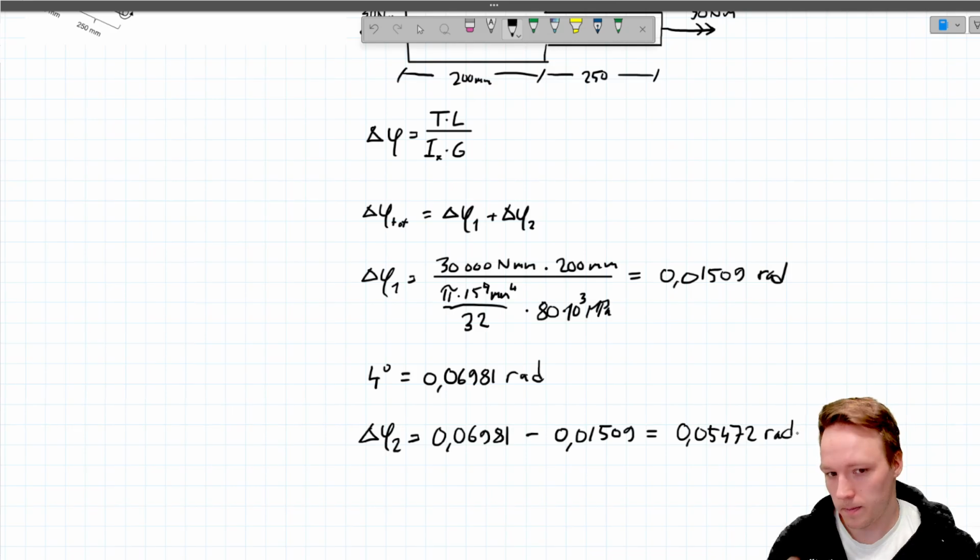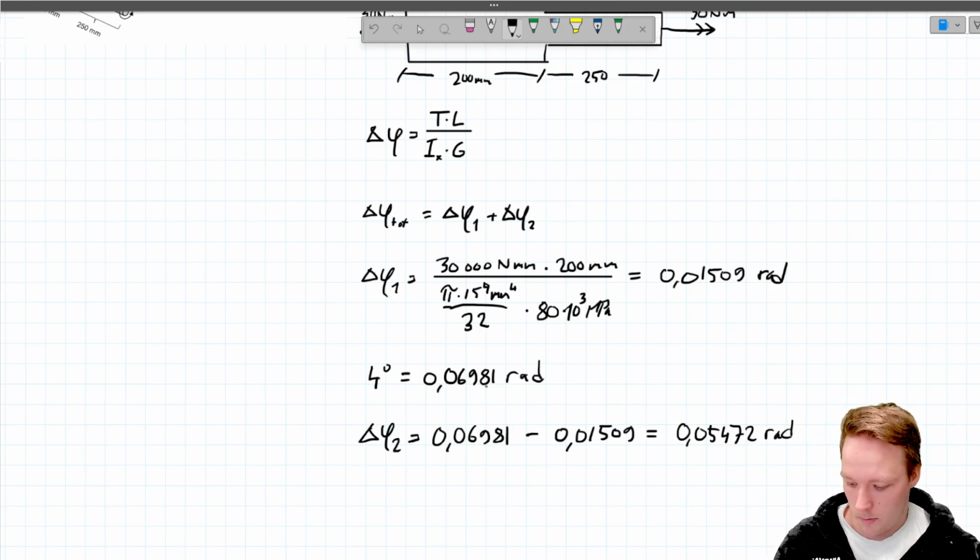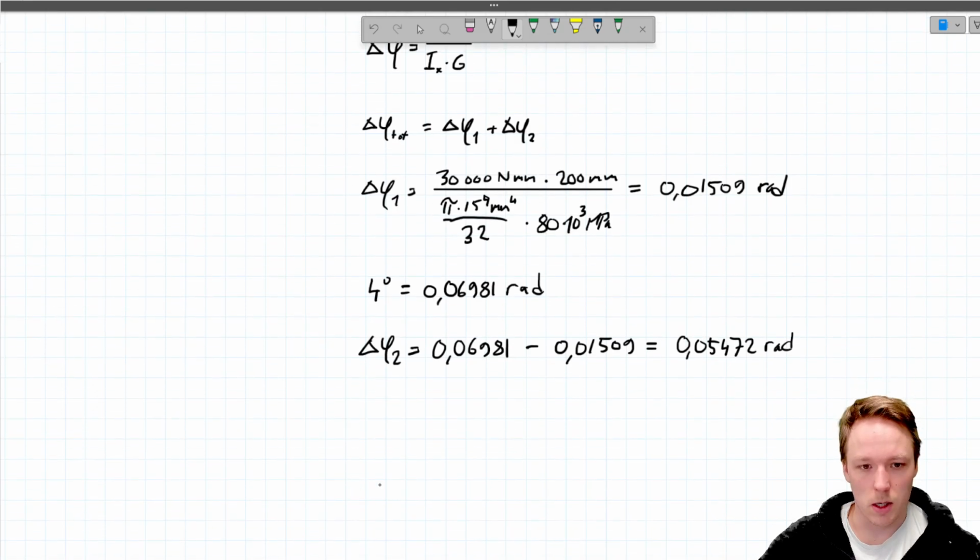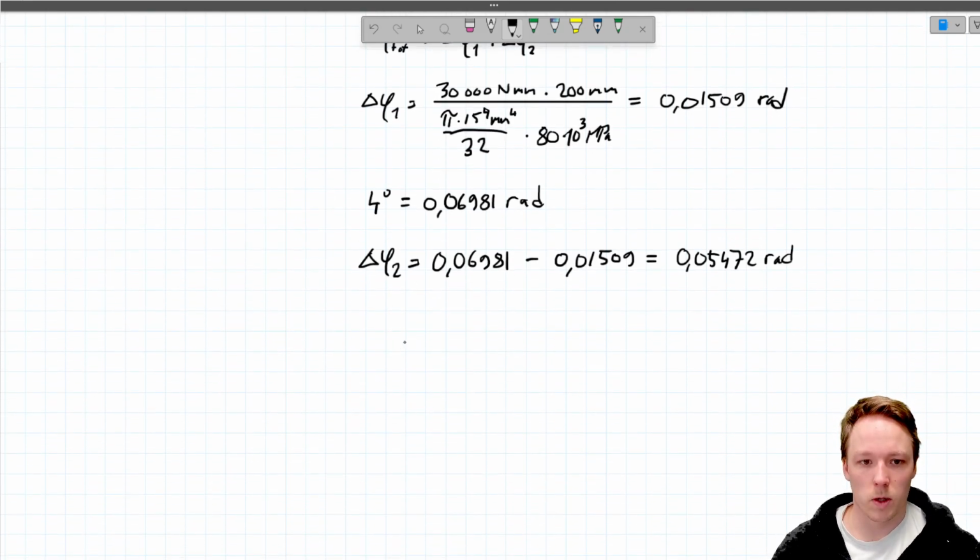radians, like so. And now from the equation of twist we can solve what has to be the diameter of the rod to get that amount of twist.